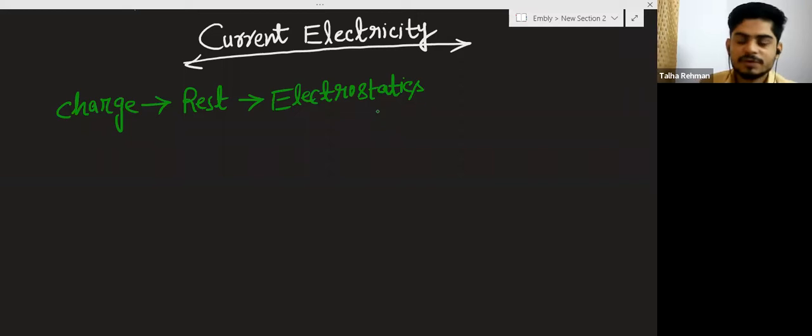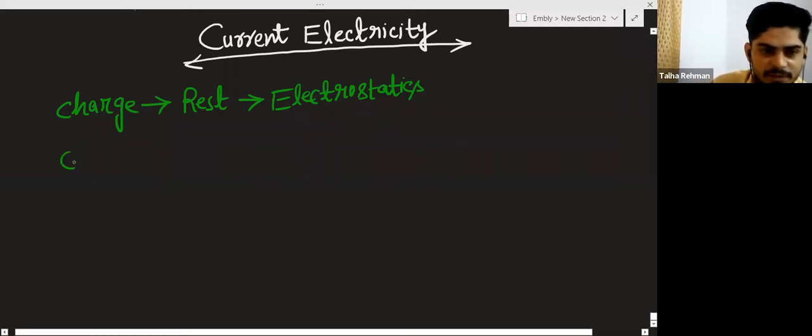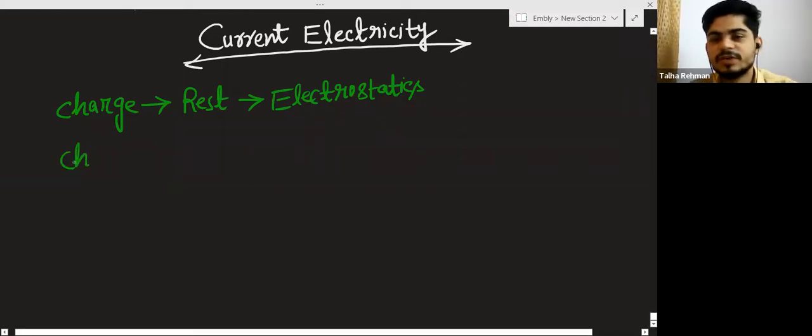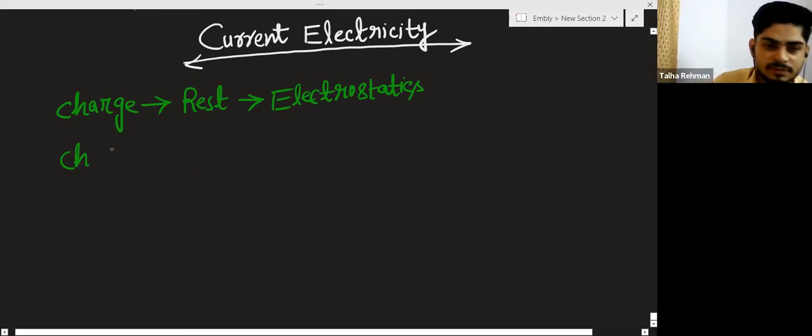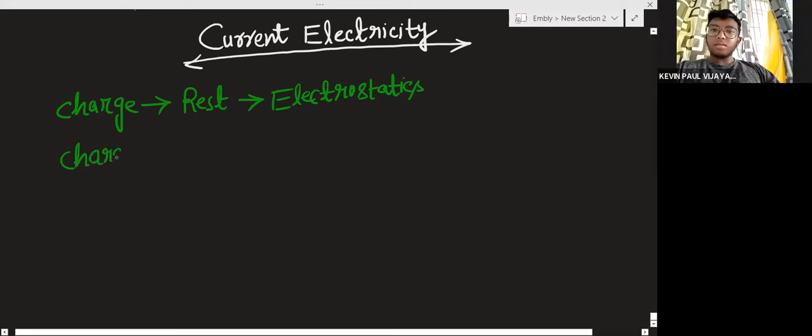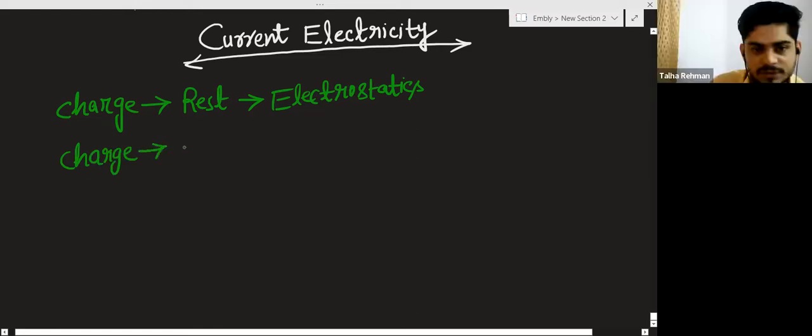Why there was no current, I am just telling. Current will be generated only when charge is in motion. Due to the motion of this charge, the current is generated.